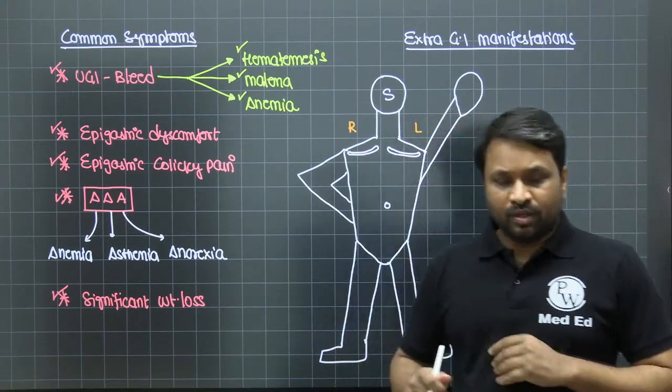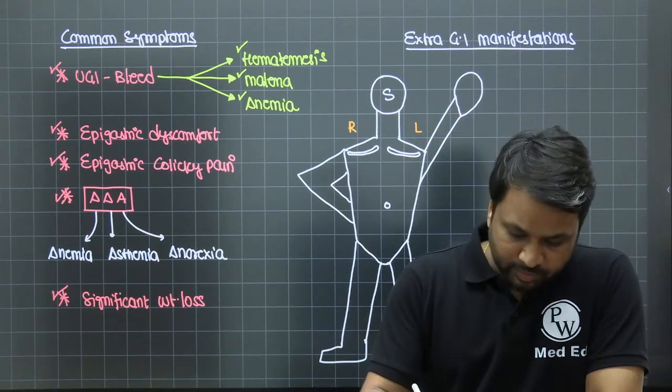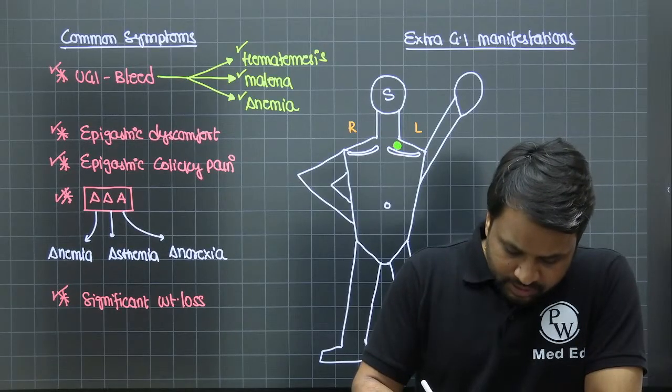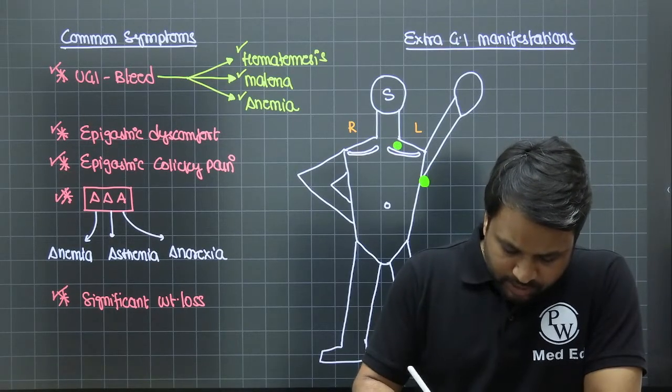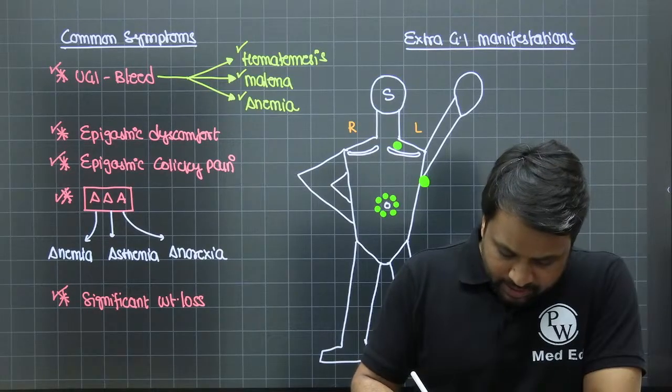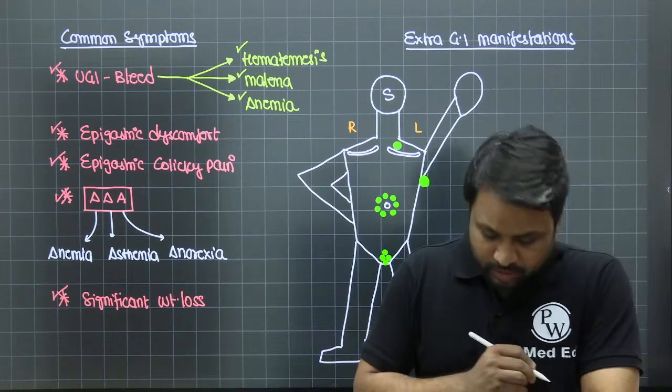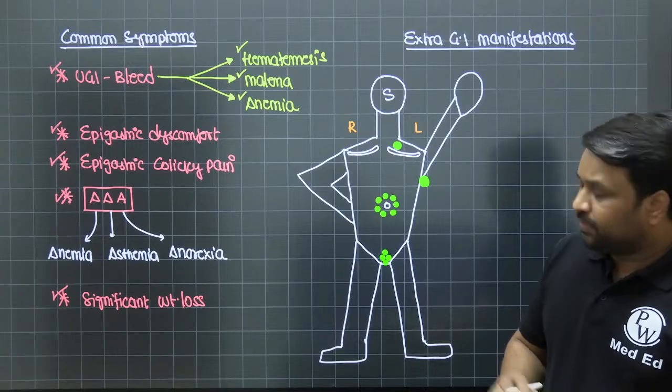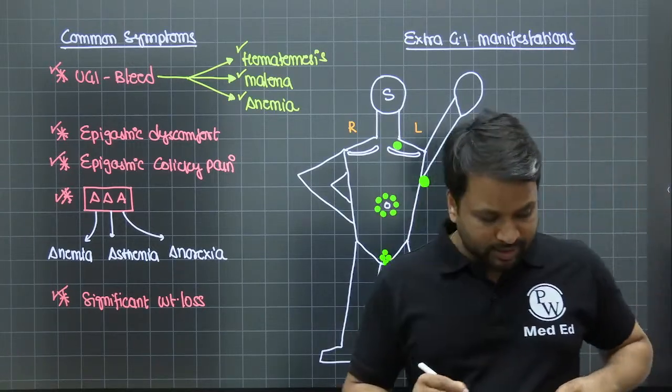What are the findings that you have? There will be one lymph node which is enlarged here, one lymph node which could be enlarged here, multiple lymph nodes which are enlarged here, and there could be multiple lymph nodes enlarged here also. So this is the nodal enlargement that you are going to have.